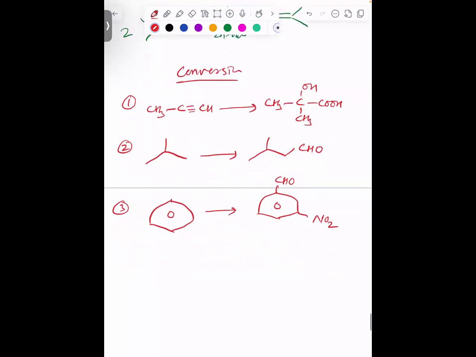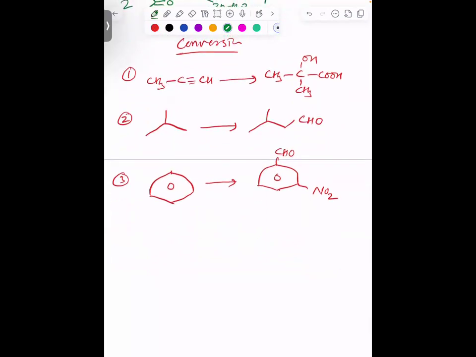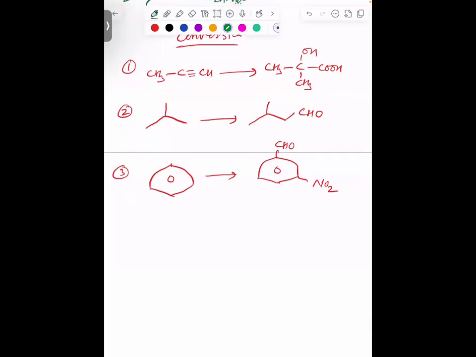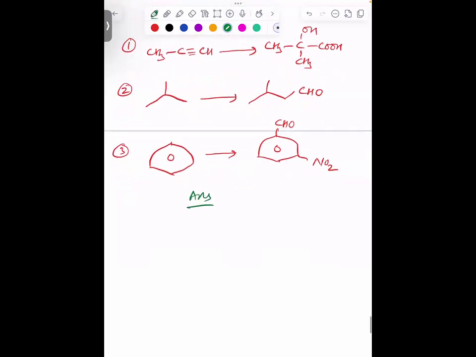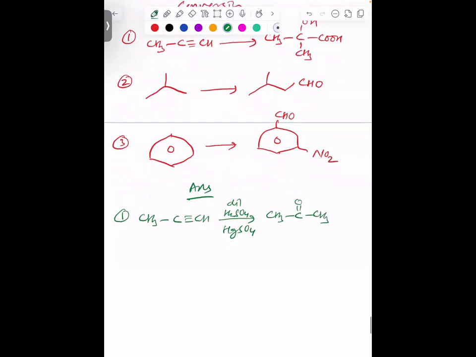Okay, now first, one carbon increase, then alpha hydroxy carboxylic acid. As we discussed, the best method is to hydrolyze the cyanohydrin. So first the cyanohydrin is formed from this alkyne. We treat the alkyne with dilute H2SO4 in the presence of HgSO4. So an enol is formed that tautomerizes to give ketone.